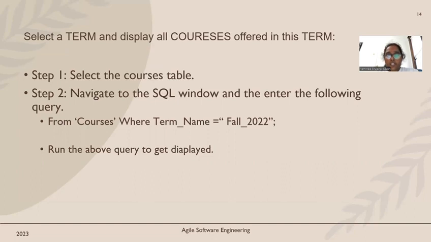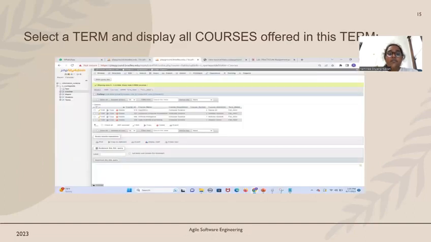So run the query and the output will be like this. Here you can observe that we selected fall 2022 as one particular term in our example, and from our data in fall 2022, these four courses are available: algorithms, advanced computer architecture, artificial intelligence, and agile software engineering. All these four courses are available for fall 2022.